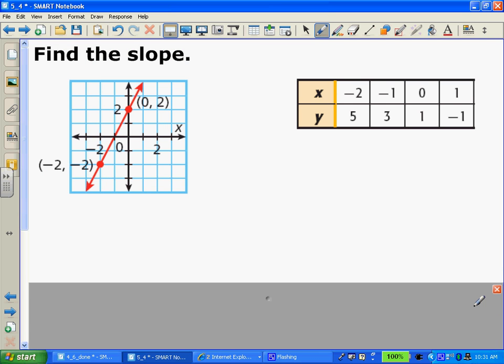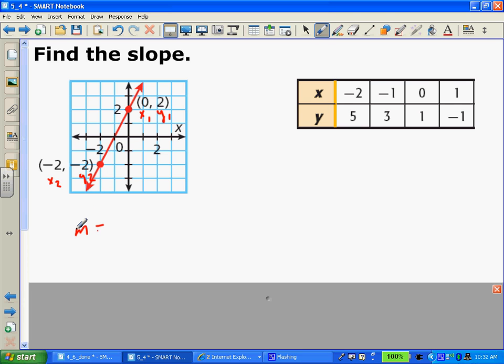Now the next thing is to find the slope using graphs or tables, and it's very similar. If you remember from 5-3, we would count the slope. And we could still do that, but see, we have ordered pairs here. So once again, we could label these x1, y1, x2, y2.